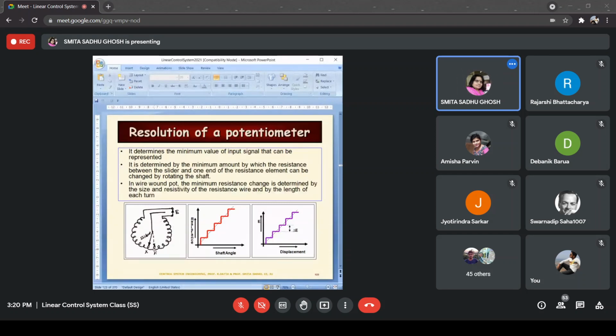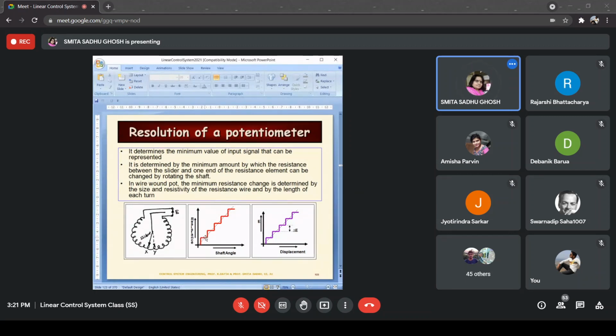If you calculate from the reference side, the moment your slider goes to the next point, there is no continuity, in the sense that that much extra amount has come in. So there will be a jump as far as the resistance is concerned.